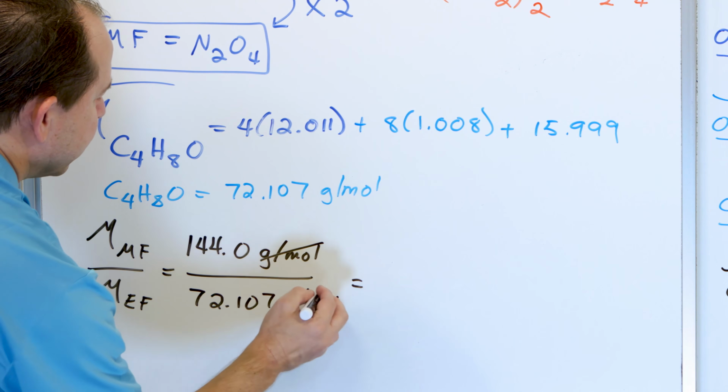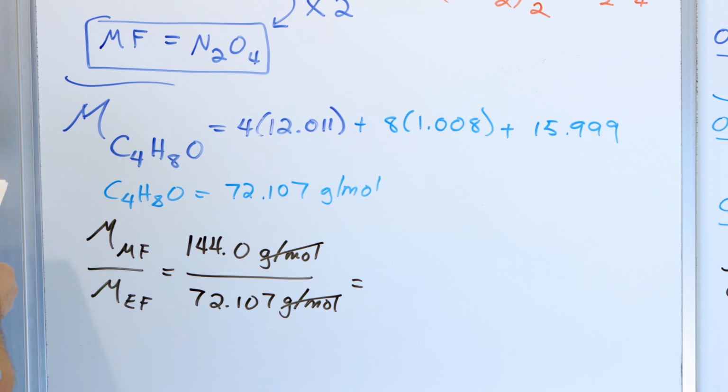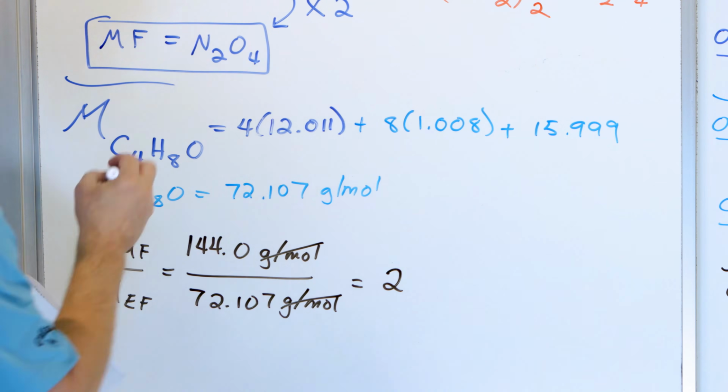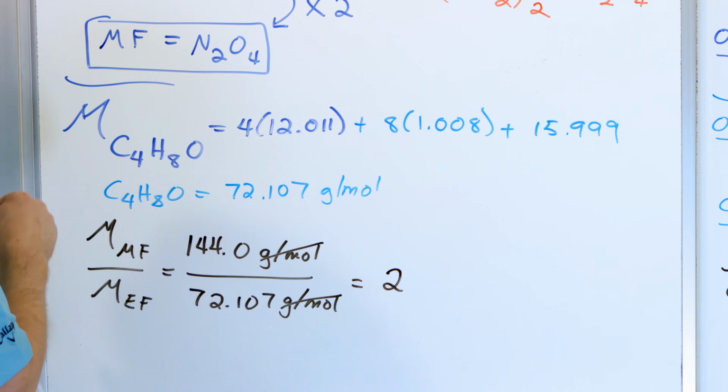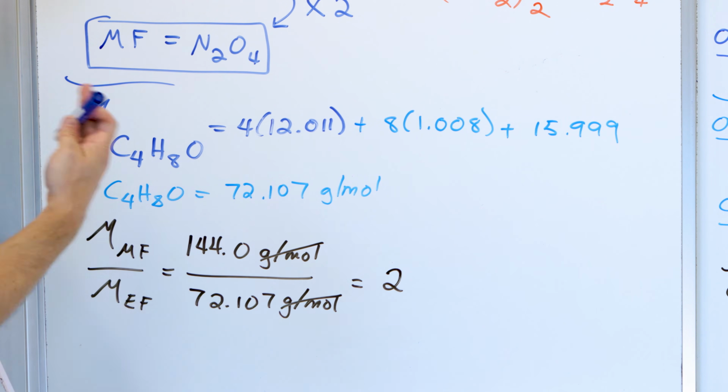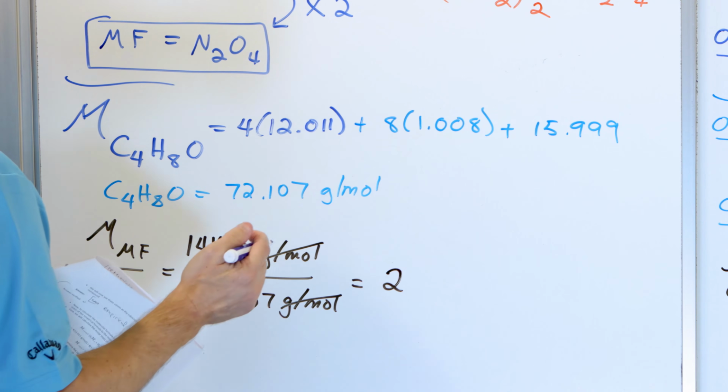Now the units cancel because it's dimensionless, and when you do that division, you get something very close to the number 2. So what does this mean? It means the molecular formula is basically exactly double the mass of the empirical formula, so the multiplier is going to be 2.